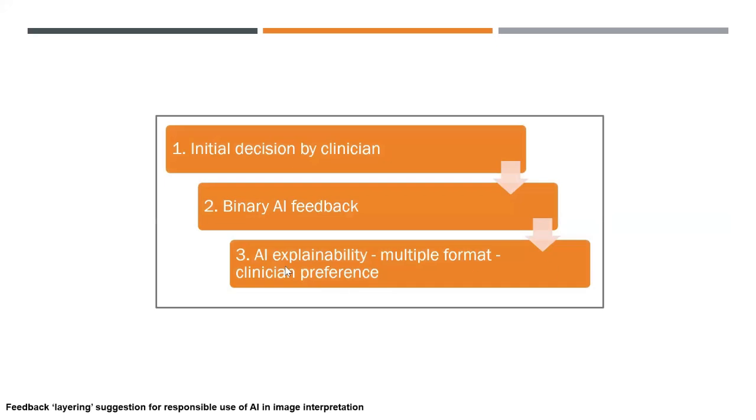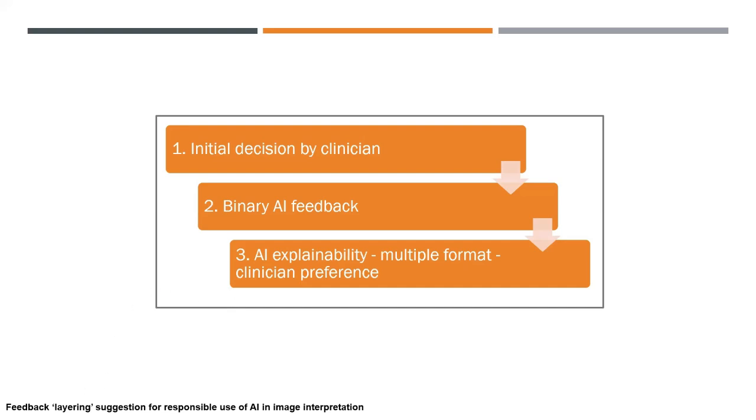So from this, very briefly, and a lot of other studies, we started to think, well, there's an initial decision by the clinician. The clinician might then be provided with binary feedback based on our findings, and then some kind of multiple format AI explainability at the clinician's preference and at the clinician's timing as well, because we may find that timing becomes a very big issue too.